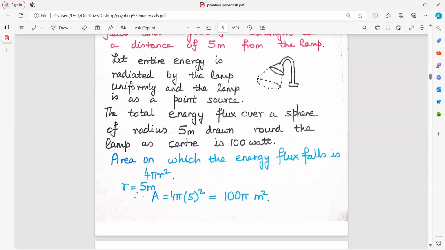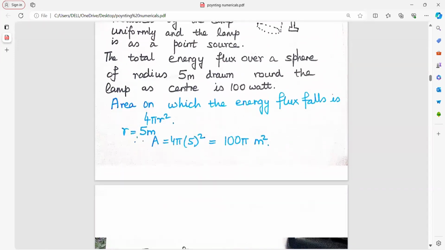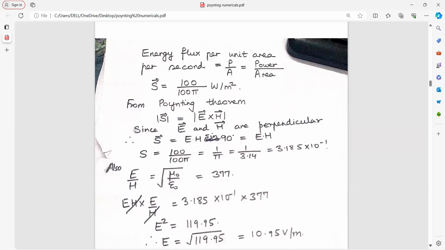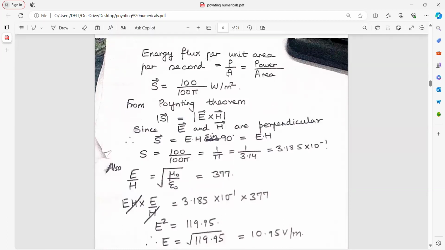The area of a sphere is 4 pi r square. So that becomes the area. Flux per unit area per second is equal to power upon area. You simply put in the values and get the value of the Poynting vector. From Poynting theorem, S is equal to E cross H. E and H are perpendicular to each other, so the angle between them is 90 degrees, and S straight away becomes EH.